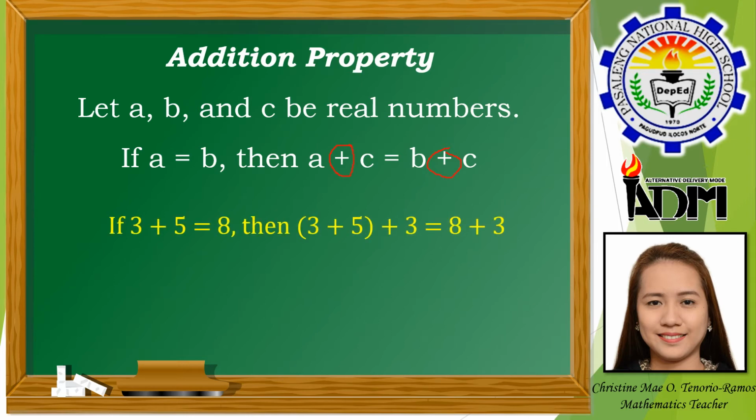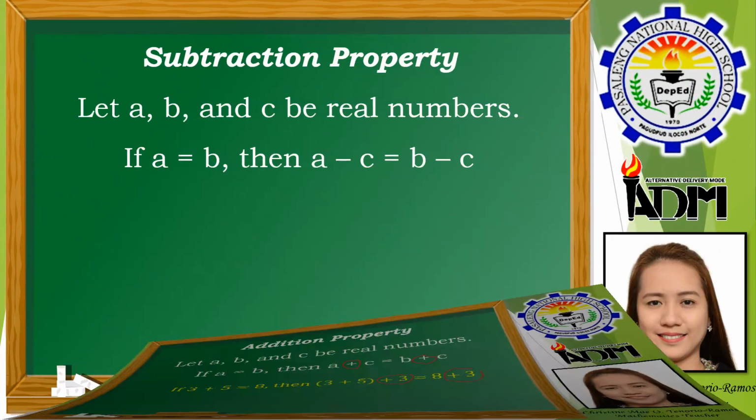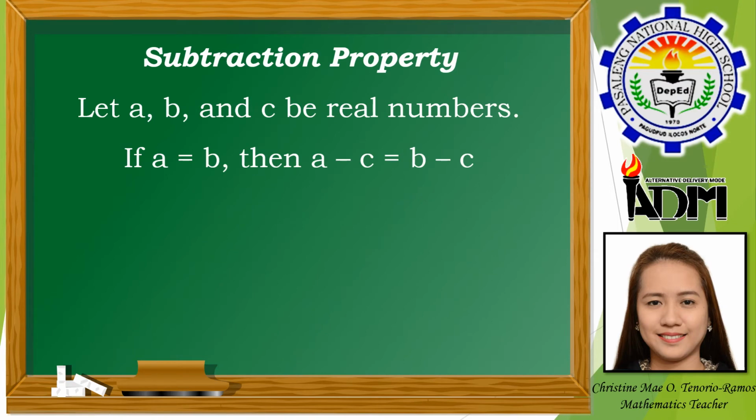Yan. 3 plus 5 is equal to 8. So, nag-add ka ng 3, mag-add ka rin ng 3 dyan. So, kagaya din sa subtraction, nag-subtract ka ng 3, magso-subtract ka rin ng 3. So, 3 ang gusto kong i-example dito.